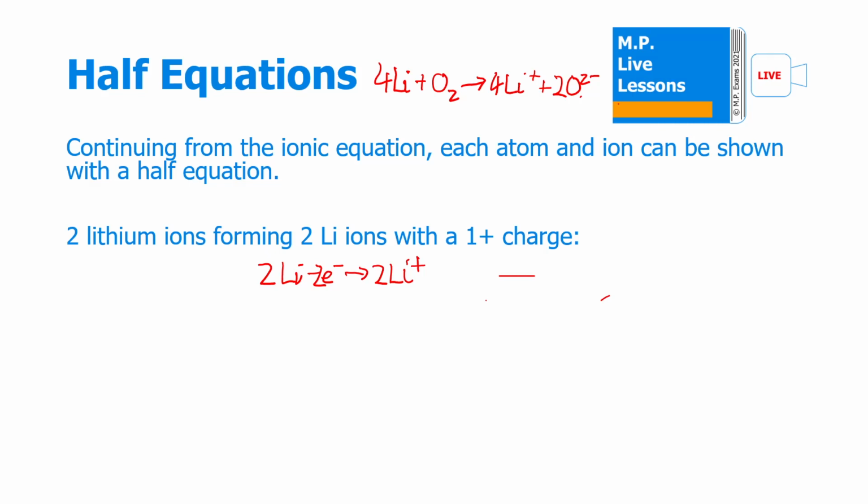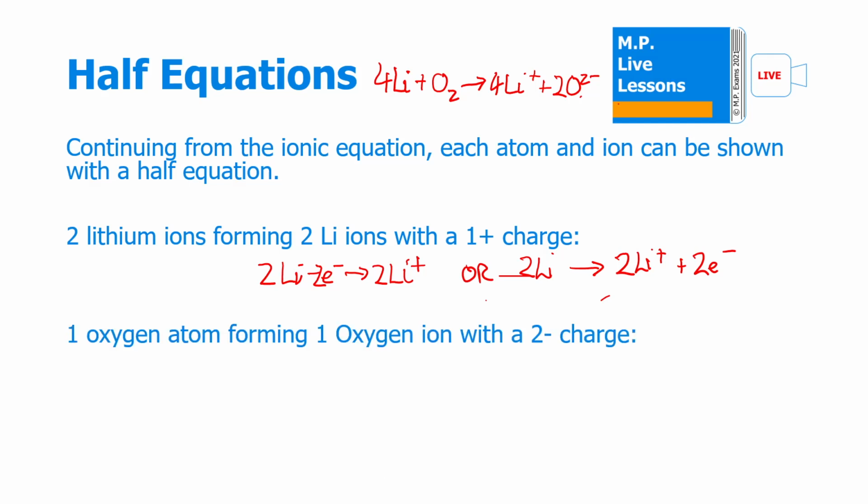The other way you could write this is you have the 2 lithium atoms again, but they simply convert to the 2 lithium ions and 2 electrons. And remember, electrons have a charge of 1 minus. And this shows they've just split apart into the lithium ion and the electron that was lost.